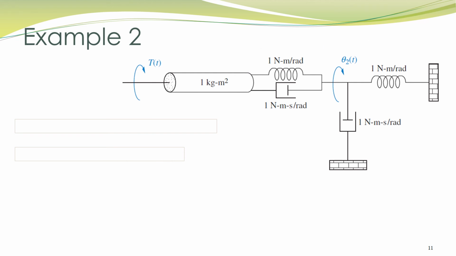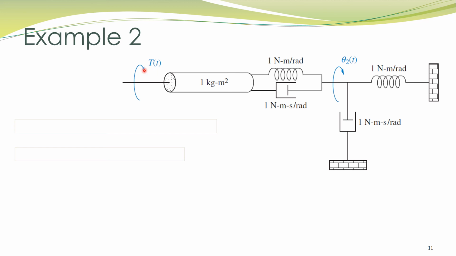To practice the concepts, we have one more example, and we have a mechanical system where an external torque T(t) is applied to this arrangement. We want to apply the shortcut method to obtain the mathematical model. For that purpose, we first identify the linearly independent displacements.